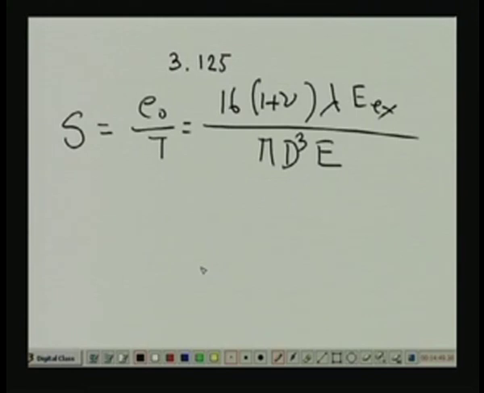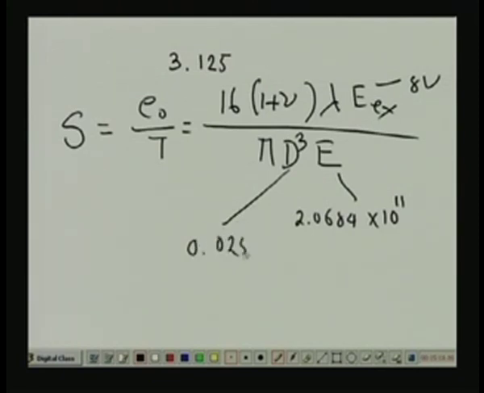You see here E is given, E is 2.0684 into 10 to the power 11, Ex is 8 volt. D is given, although it is given in centimeter, it has to be converted into meter, so it will be 0.0254 meter.